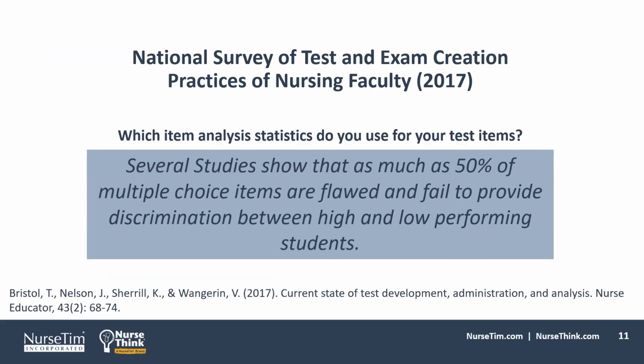So what else have we found? Since that time, several studies, and the more recent one, published just a few months ago, show that as much as 50% of multiple choice items are flawed and fail to provide discrimination between high and low performing students. 50%, isn't that astounding?